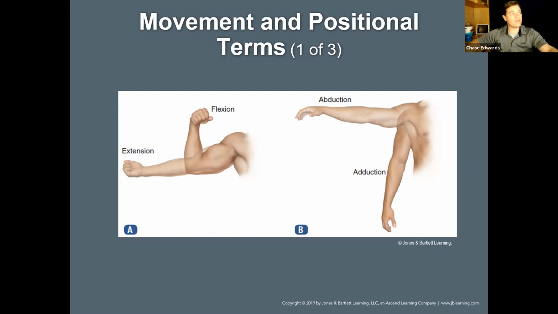So movement and positional terms. Range of motion is the full distance a joint can be moved, right? Full range of motion, because there's only so much motion that this can do or is supposed to do. So flexion is moving the distal point of an extremity towards the trunk, right?